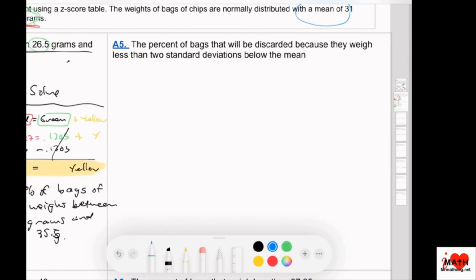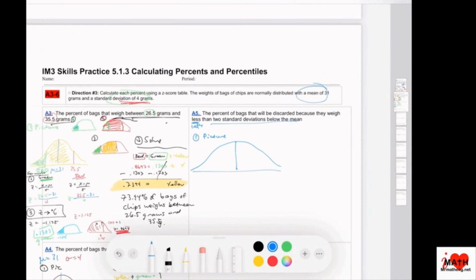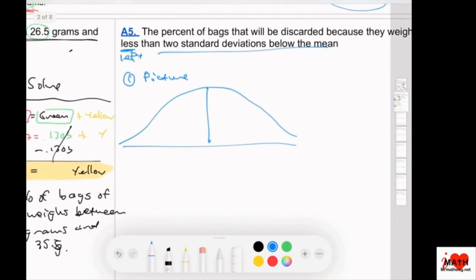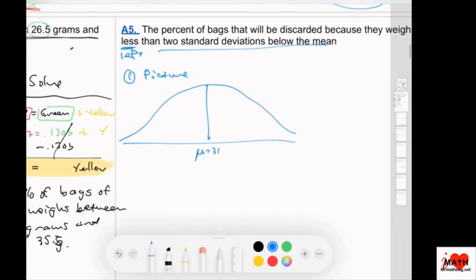The percent of bags that will be discarded because they weigh less than, so that means it's going towards the left, 2 standard deviations below the mean. Let's get a picture. Here's my curve. The mean we got from the directions is 31. Using the standard deviation, remember 2 standard deviations below means that negatives are going left.